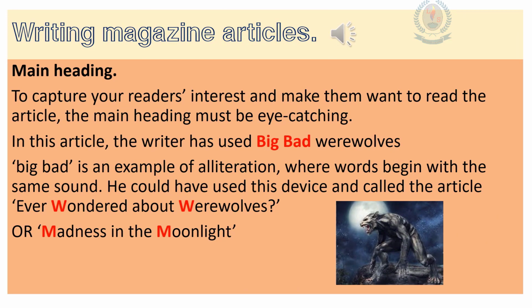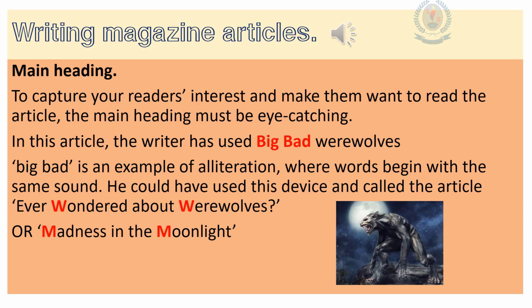Now we are going to learn about writing magazine articles. We learned about werewolves, that is an article about werewolves. Now you saw how the article was written, how the important words, sentences or notes were highlighted and boxed in different colors.